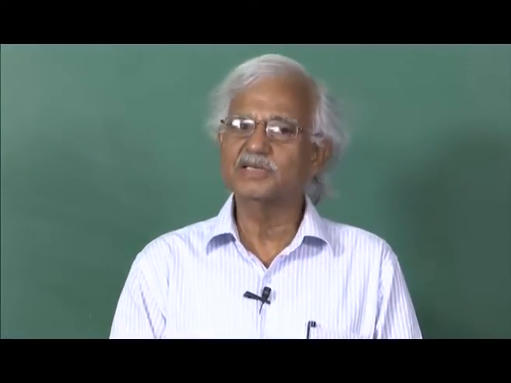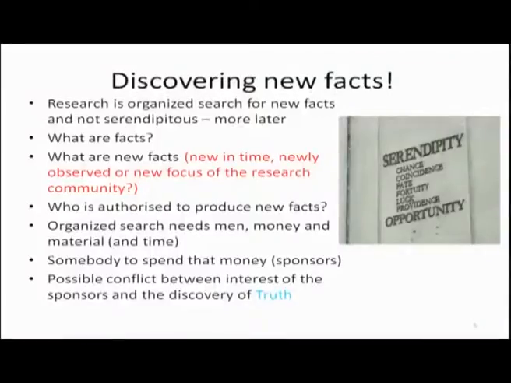It is important to understand right in the beginning that research is a community activity. It is not an individual activity, and research is organized search for new facts, and it is not serendipitous. What is serendipity?